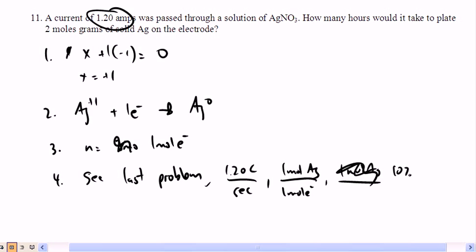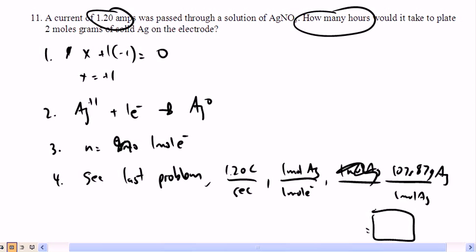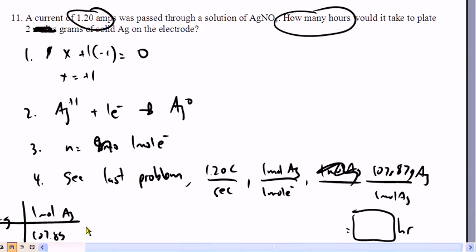I have 107.87 grams of Ag per every 1 mole of Ag. So they're looking for hours, and 2 grams. So 2 grams. I know that there is 107.8 grams for every 1 mole of Ag.